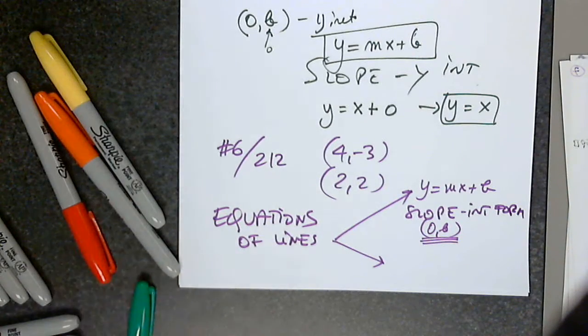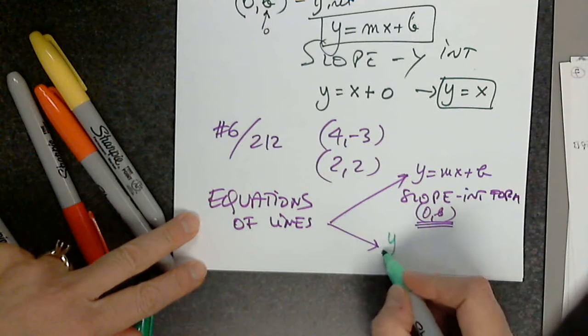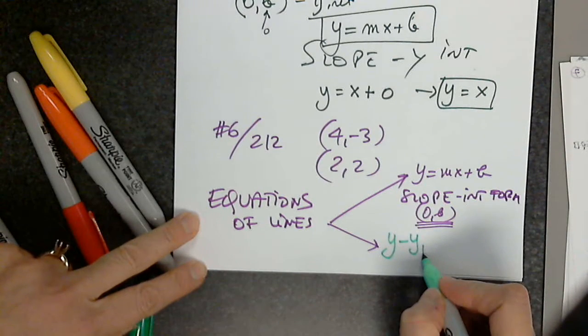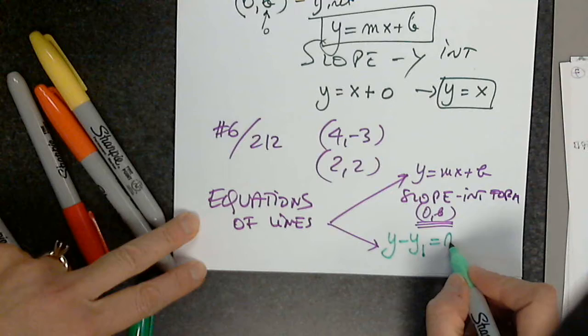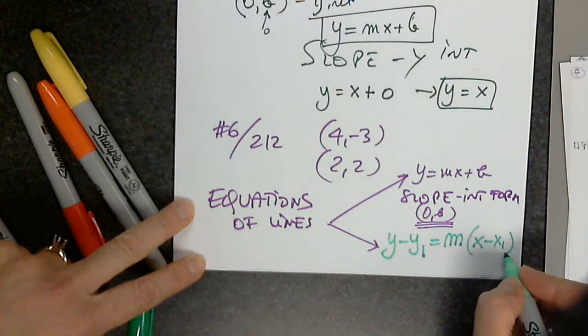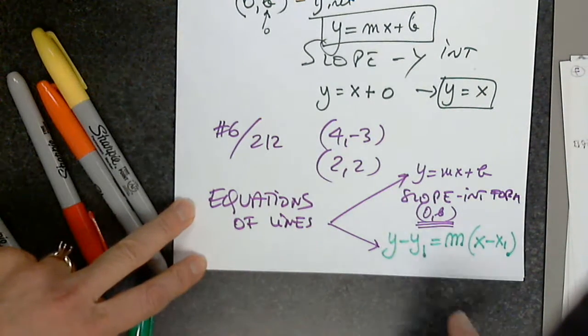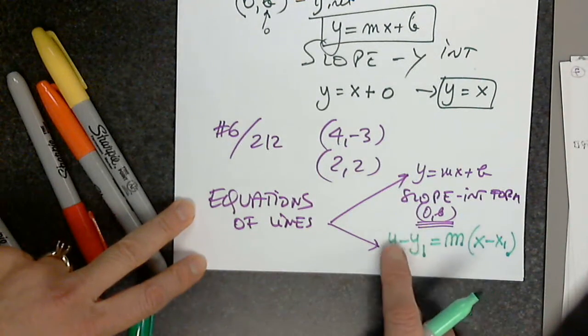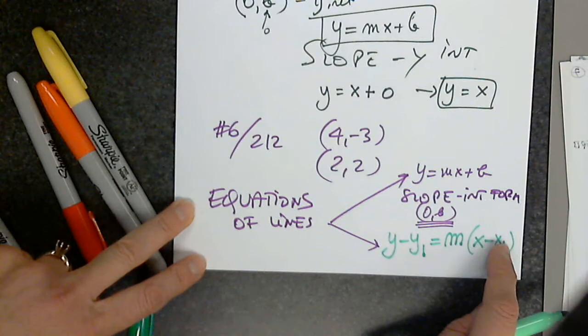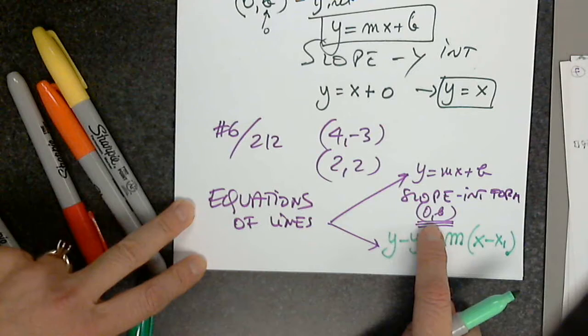So what is the other option? The other option is y minus y1 equals the slope times x minus x1. This is extremely useful. It can be used even if you have this. So this works always. This one I recommend only when you have the y-intercept.